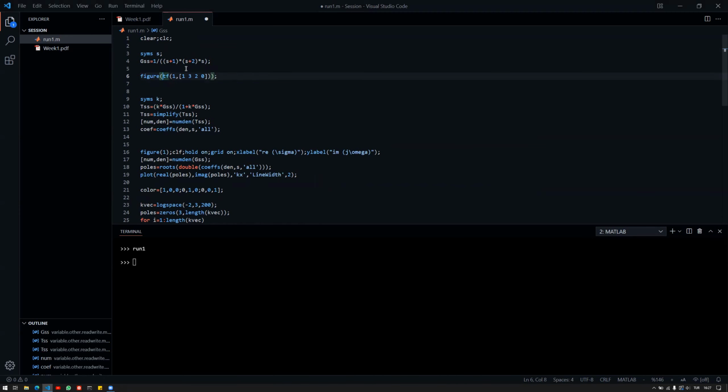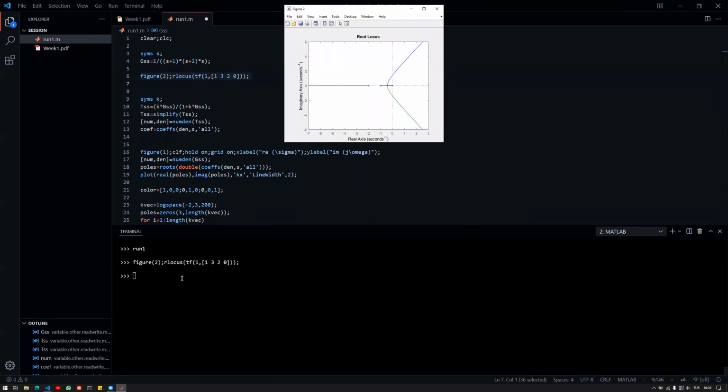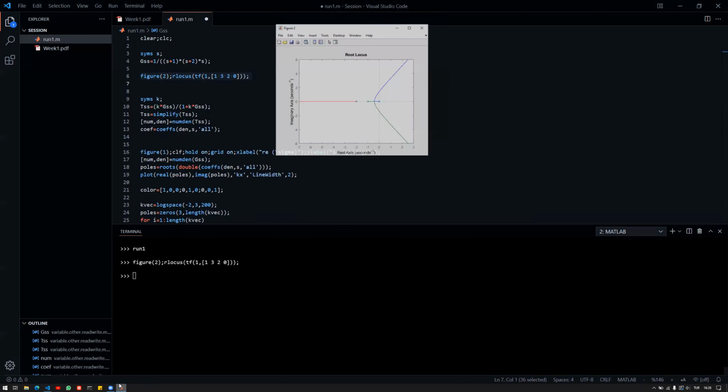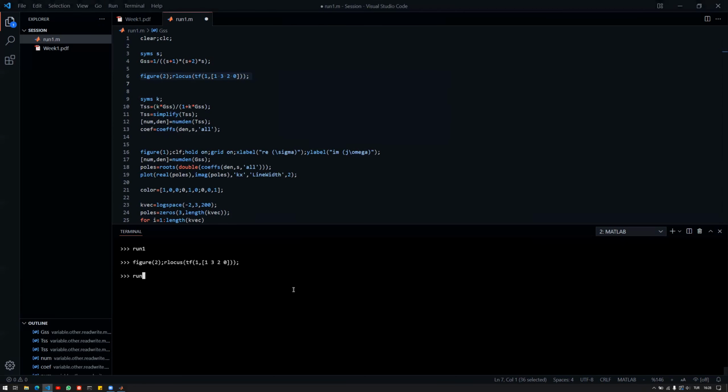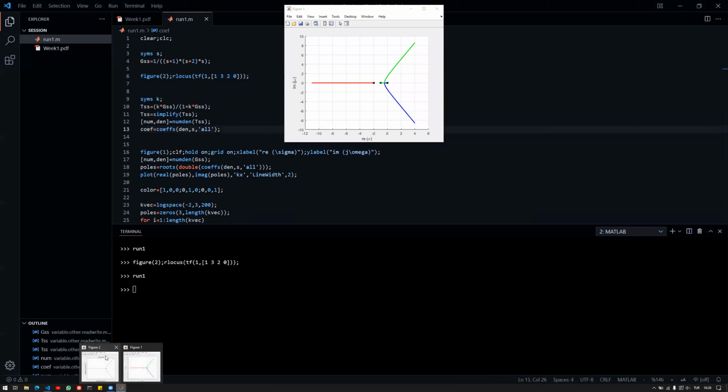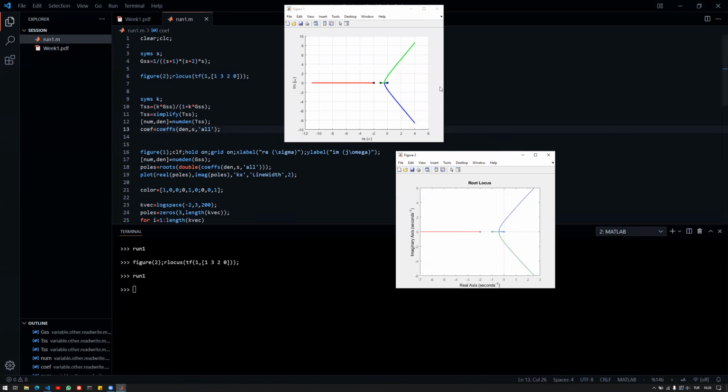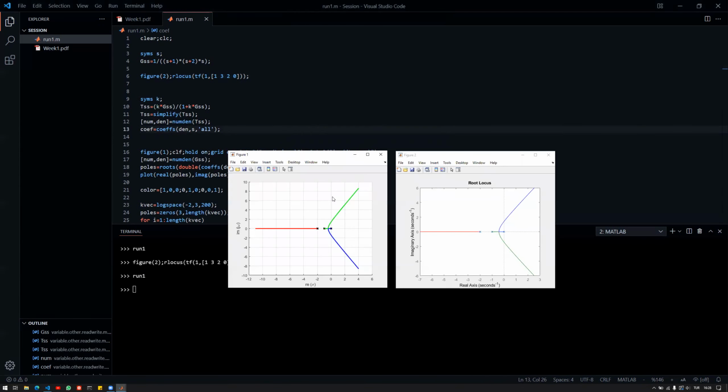Of course, this is figure 2, rlocus. Of course, we will use this piece of code here. There's something wrong, I guess. Oh, no, it's not. Okay. Yeah, let's run this one more time. There we go. This one is generated using rlocus. This one we've plotted on our own.